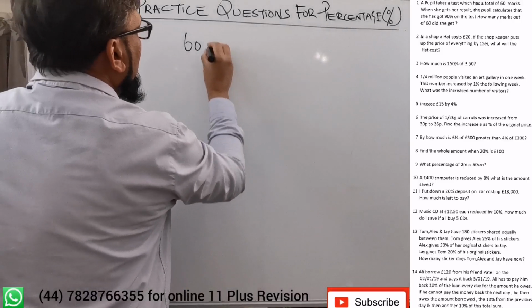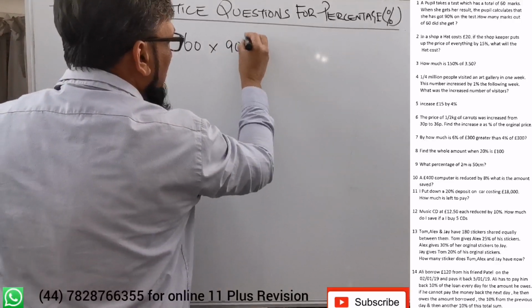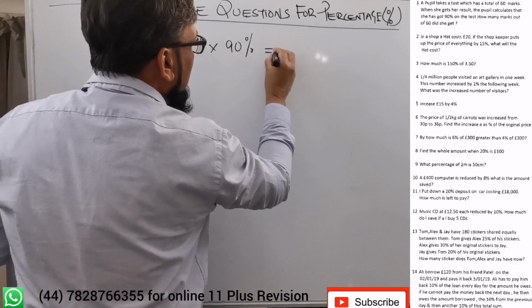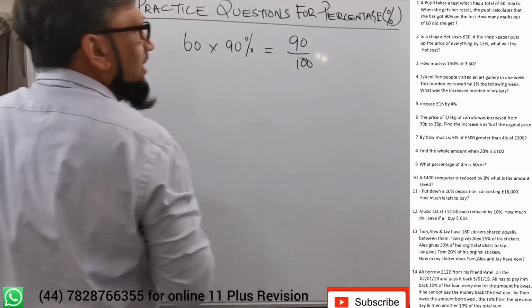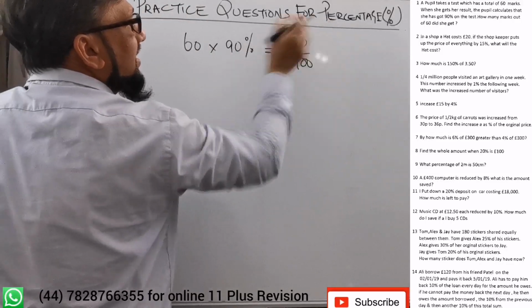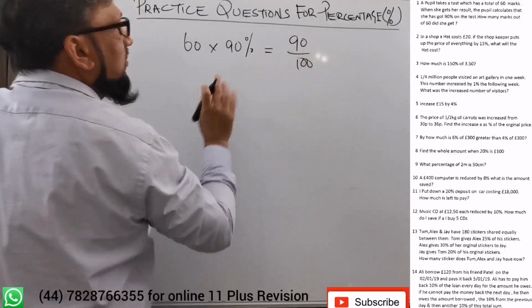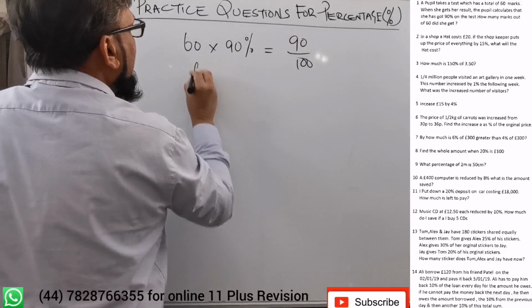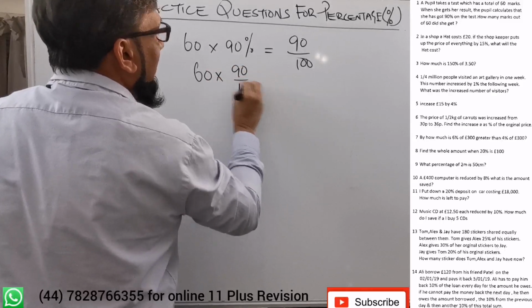So very simple. 90% is equal to 90 over 100. So 90 over 100 is called percentage. So 60 times 90 over 100.